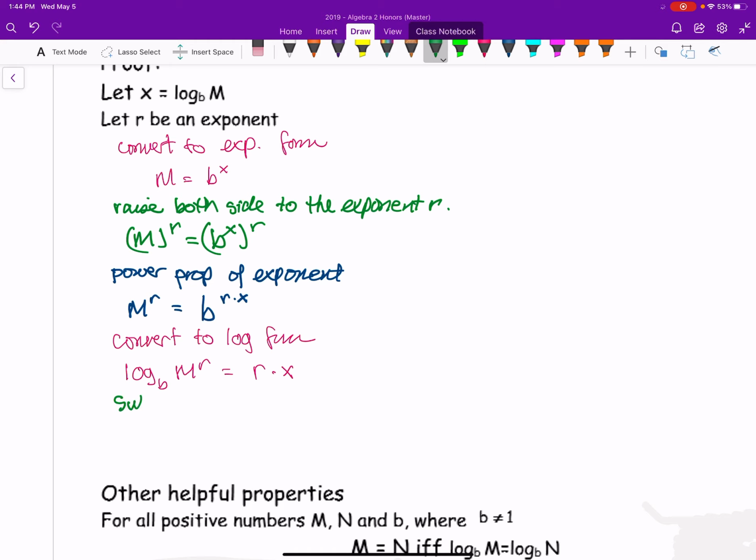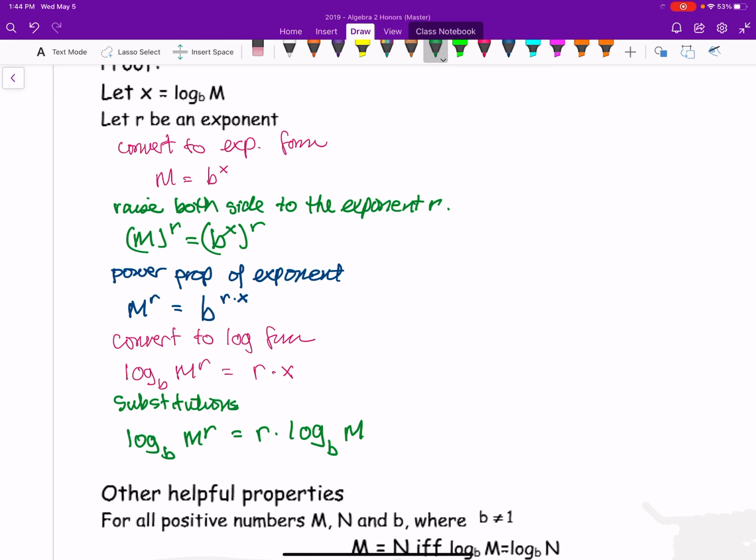Substitution. Look, same pattern as the other ones. x was defined as log base b of m. So we have log base b of m to the r is equal to r times log base b of m. Why is that useful?